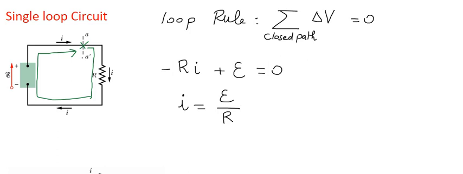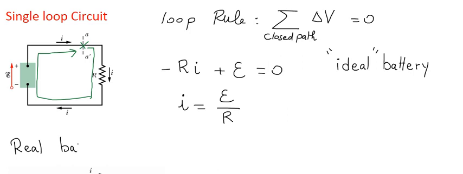So in this problem we use what we call an ideal battery. We have an ideal battery like this one, and we also have a real battery. What does a real battery have in addition to an ideal battery?